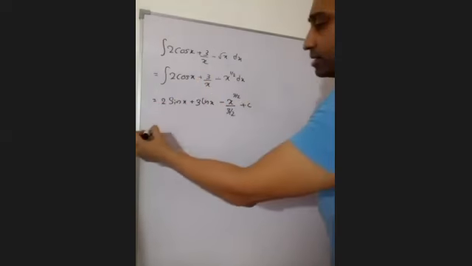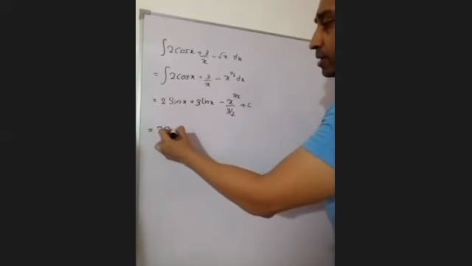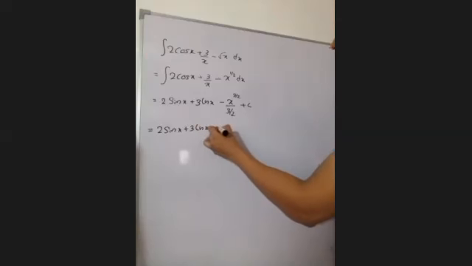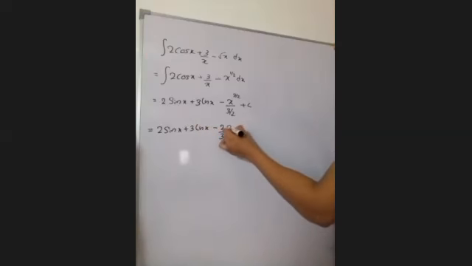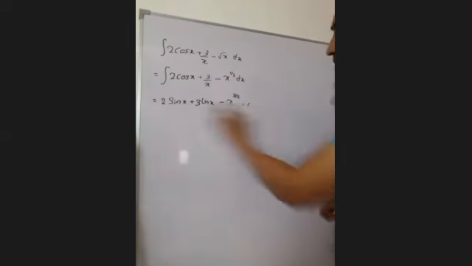Then you can take this 2 up and write it as 2 sin x plus 3 ln x minus 2 over 3 x to the power 3 over 2 plus c. This would be the final answer for this question. Right. Then let's go to the next question.